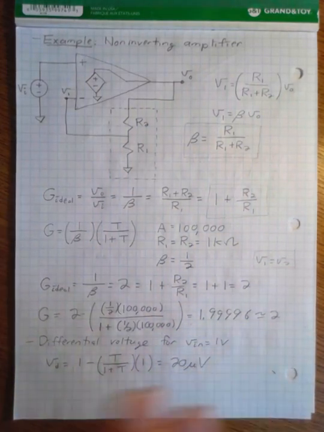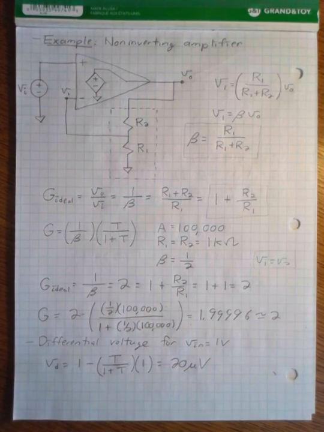However, now hopefully having gone through this module, you can see where all of this comes from. By all means, continue to use the V1 equals V2 approximation. It's super, super handy. But now hopefully you have an idea of where it comes from and how these properties of the op amp all work together to make the assumption make sense to you.